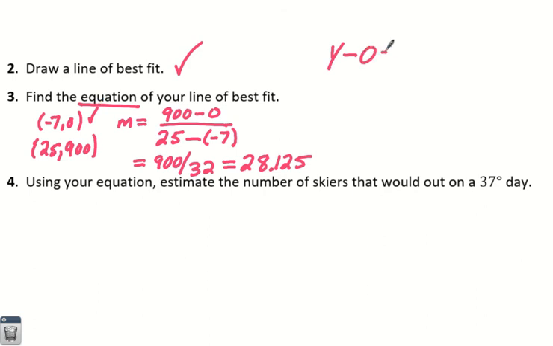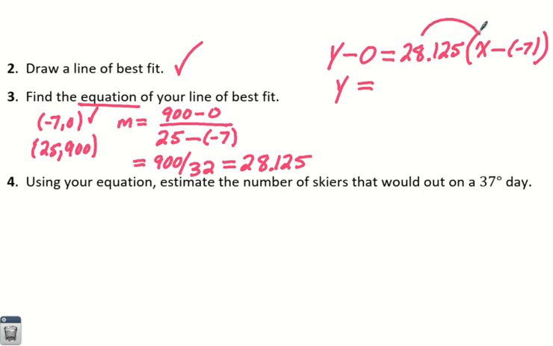And so now we have y minus 0 equals 28.125 times x minus the negative 7. So y minus 0 is just really y. And over here, what that really says is x plus 7.